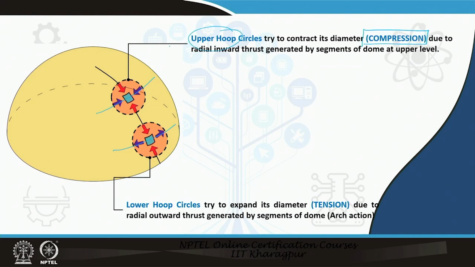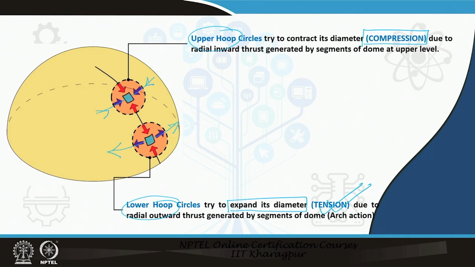Whereas the bottom portion is bulging out. That means it tries to expand its diameter, so it is under tension in the lower hoop circles. So this is under tension and this is under compression.